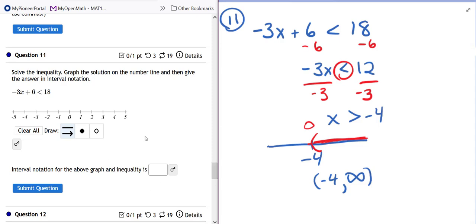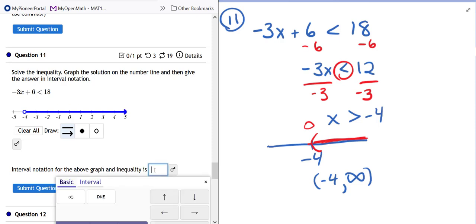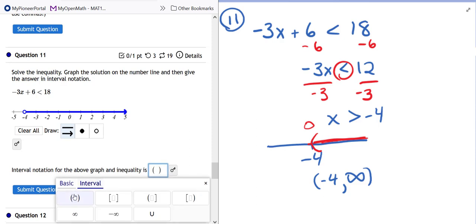Right, let's see if we can draw it on here. So we want an open circle on negative 4, and we're going to go to the right. And then here we want an interval with parentheses.